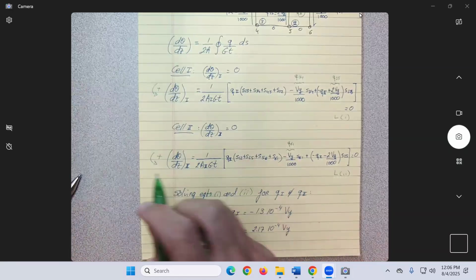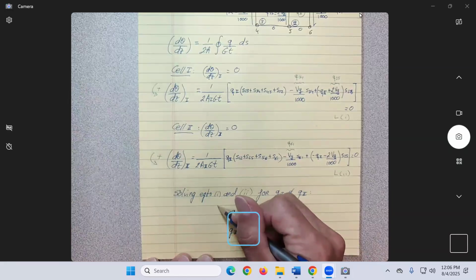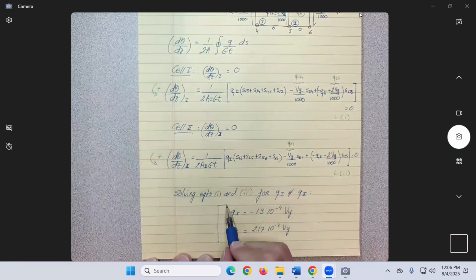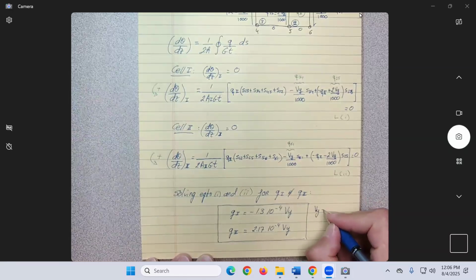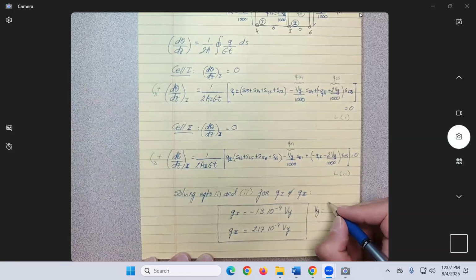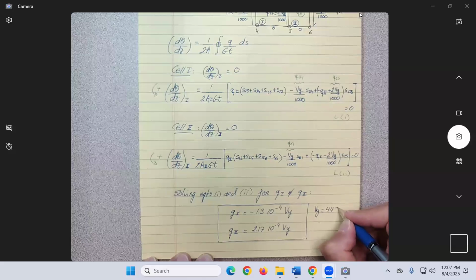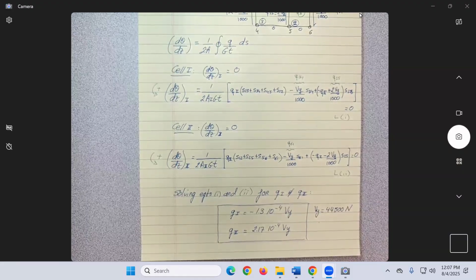Okay, here I could give you values because we know Vy, but I don't have those numbers. Remember Vy was given to be equal to 44,500 newtons. So if you want, you could solve Q1 and Q2. But obviously I did that with MATLAB.